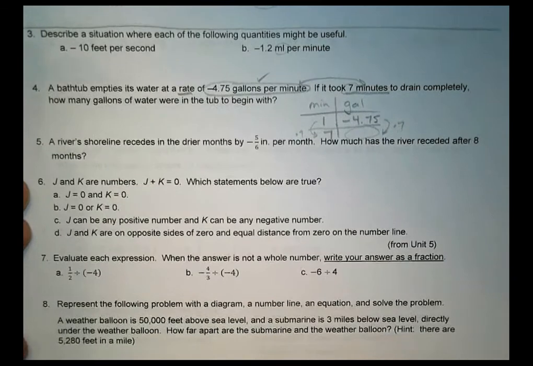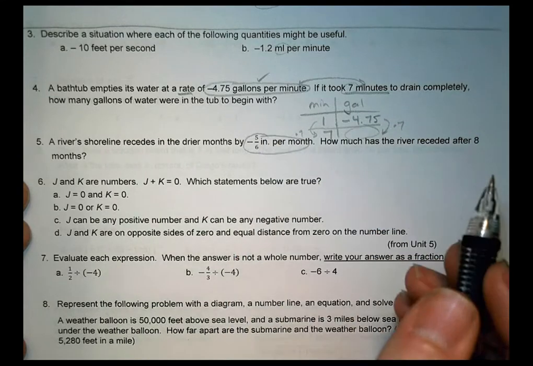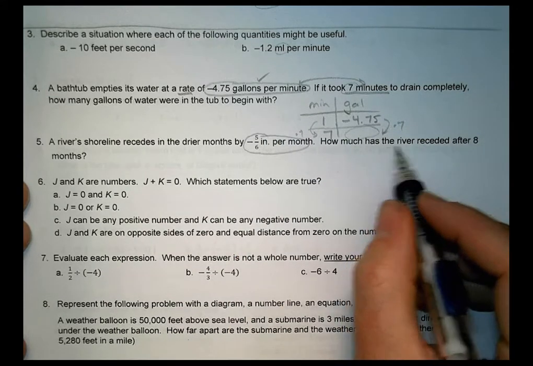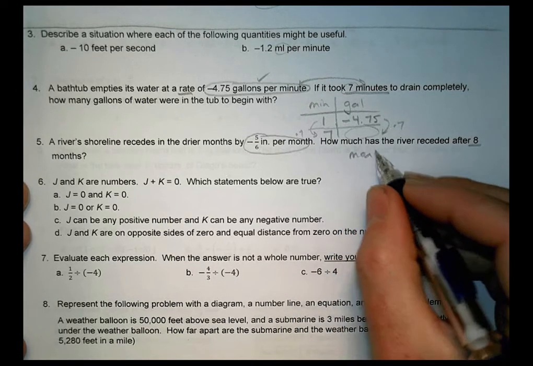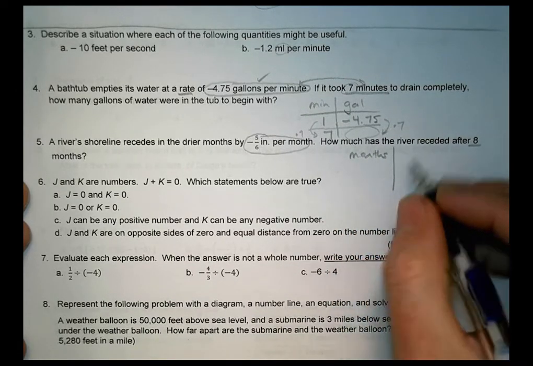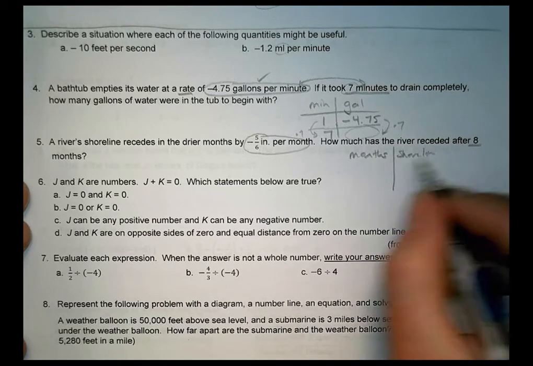Number 5, the river's shoreline recedes in the drier months by negative 5/6 inch per month. So that becomes our rate. How much has the river receded after 8 months? Again, the same idea. We have months, and then we have the shoreline receding.